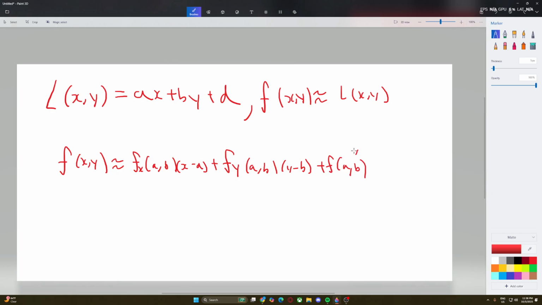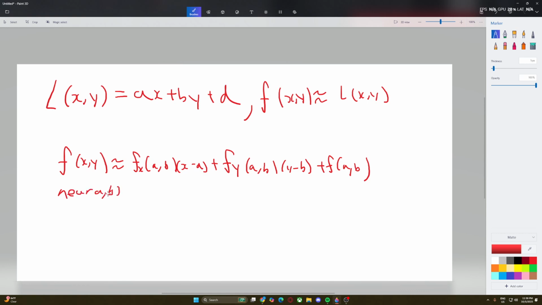That's what it's equal to. These two equations are equal, by the way. And this is true near (a, b).